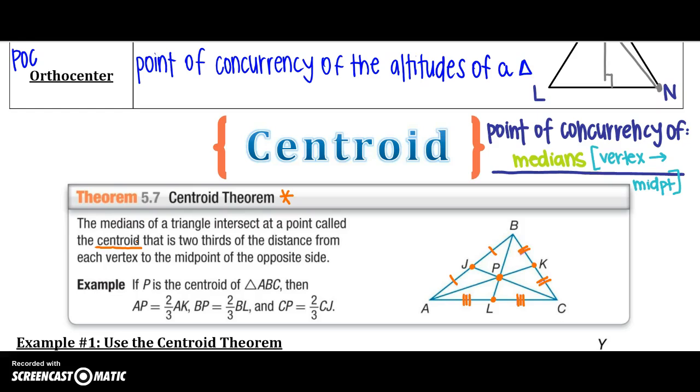So we wrote an equation down, putting those words into a word type equation. The vertex to the centroid, an example of that may be BP, is 2/3 the whole median.